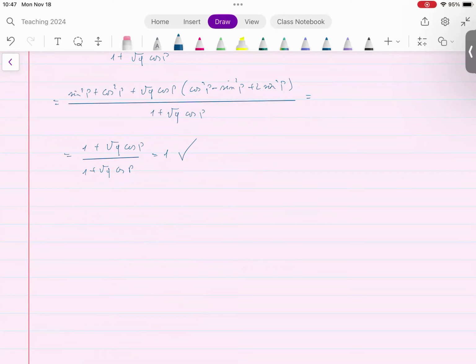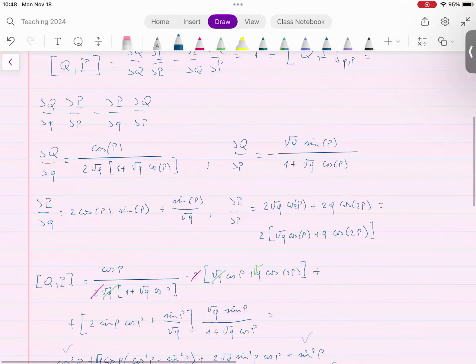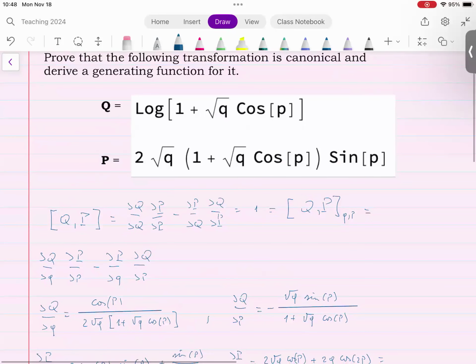Okay, then next we need to write this transformation in mixed variables. So, for instance, we need to solve one of the two equations for either little q or little p, and it's hopefully obvious which one's going to work. I'll leave you one moment to think about it, pause the video if it's not obvious.